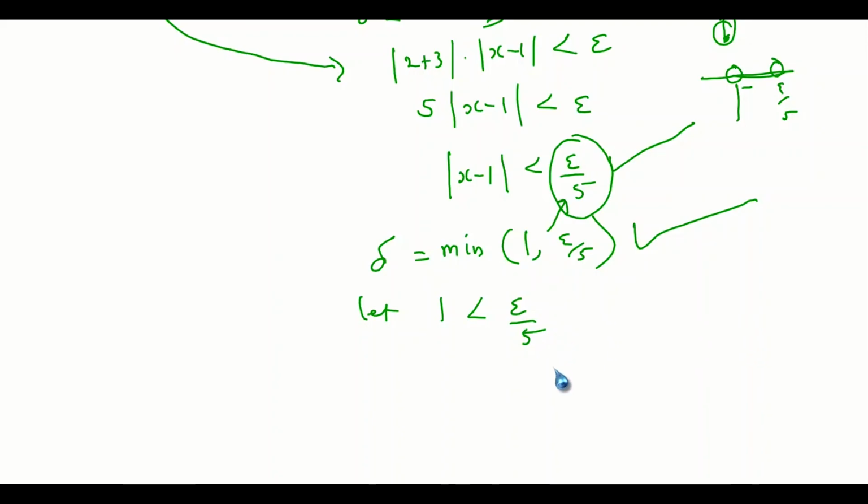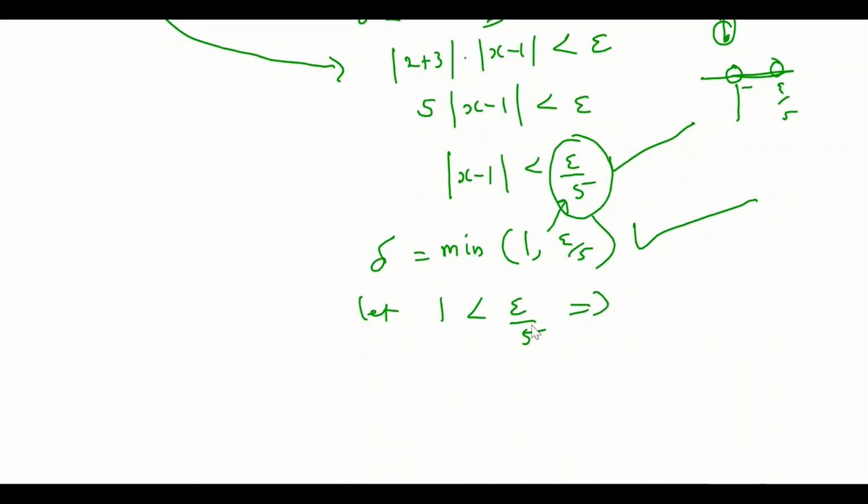By the time I walk through and it leads to a wrong result, I just have to come back and use epsilon over 5 is less than 1. That is what you just have to do. I don't know which one is smaller. It could be this. That's why you have to test the first possibility. If the first possibility fails, then you go to the second one. For now, I'm saying that 1 is less than epsilon over 5.